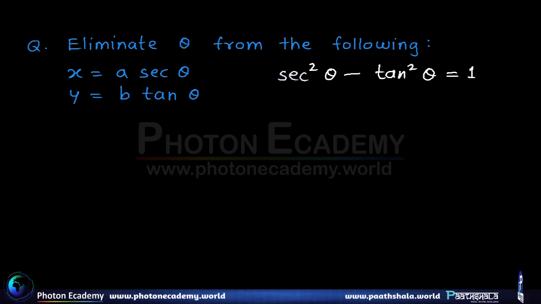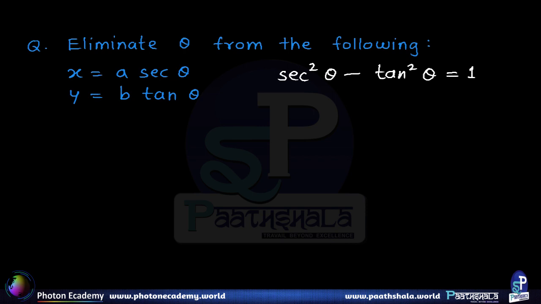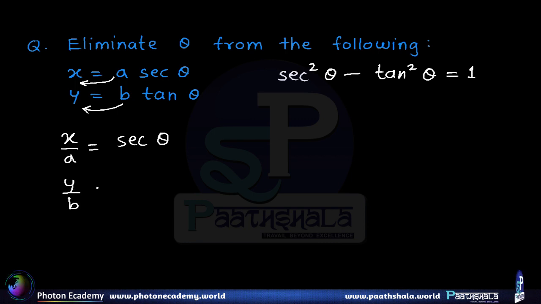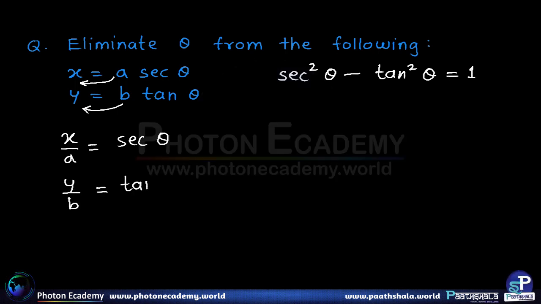So if we can write sec theta and tan theta in terms of x, y, a and b in whichever way possible, by substitution we would have done the job. It is clear that if you bring a to the left side, then x upon a will be nothing but sec theta, and similarly if you bring b also to the left side of the second equation, y upon b will be nothing but tan theta.